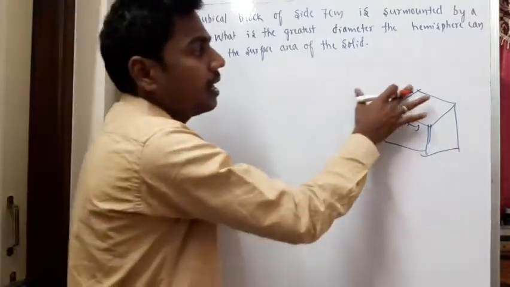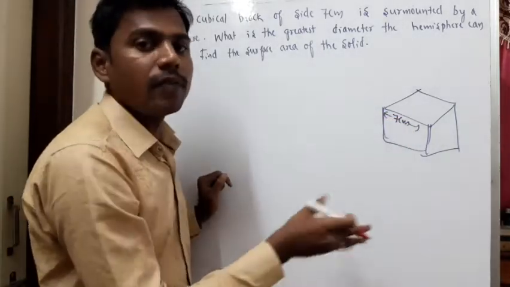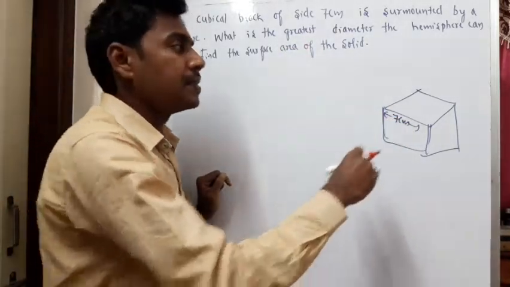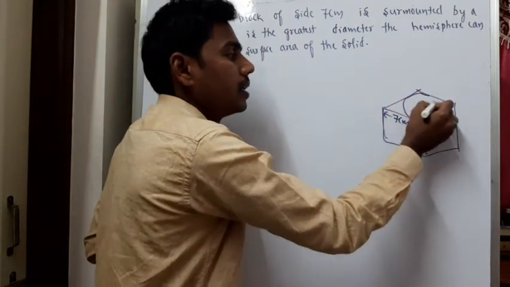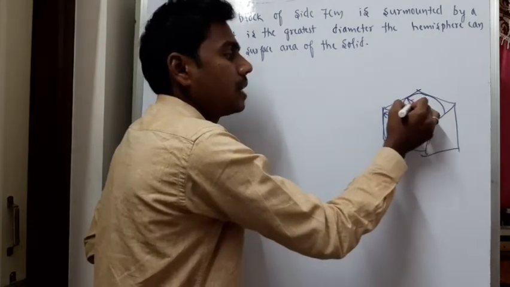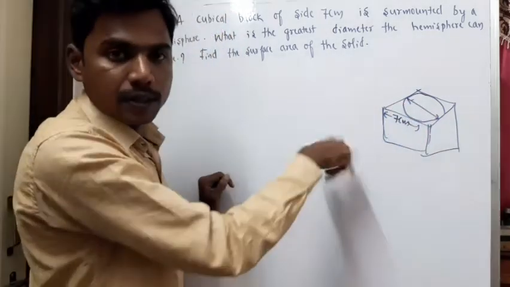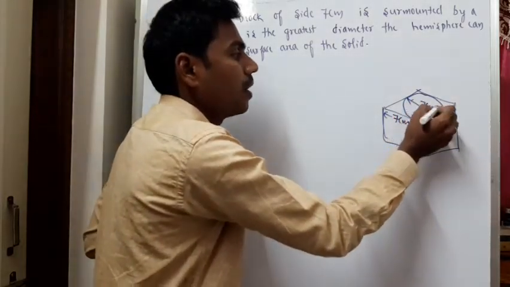So it can't be surmounted on this. If I want to surmount perfectly, then it would be equal to 7 centimeter, the side of the cubical block. So what is the first answer?